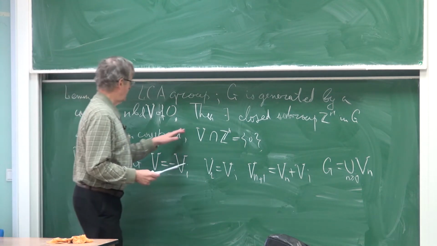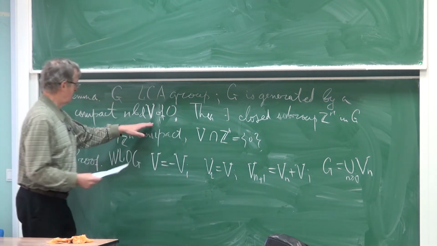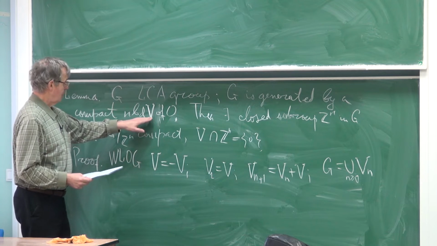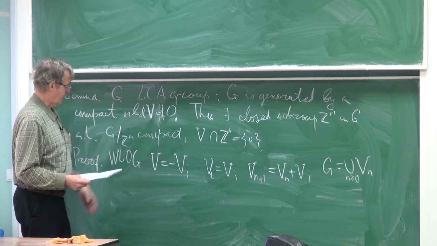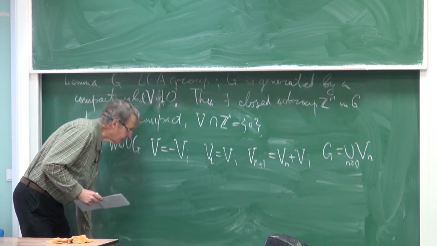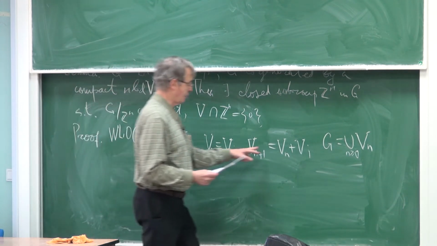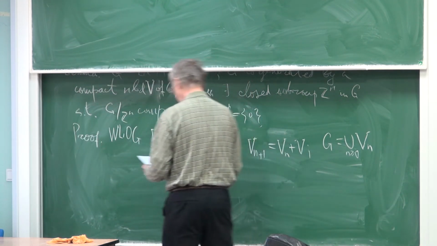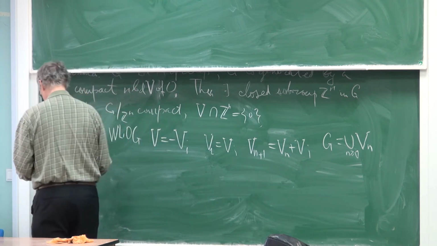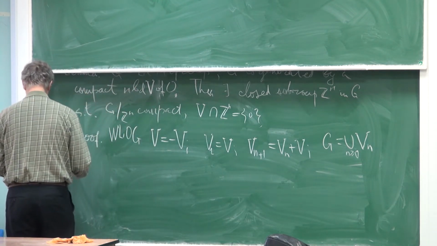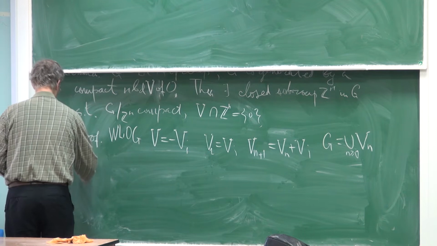Now we use the fact that V is also compact, not only a neighborhood of 0, but also compact. And then all Vn are compact, and for the moment we need only that V2 is compact.